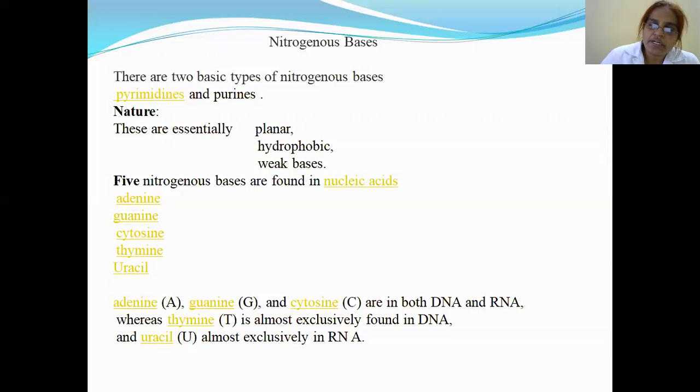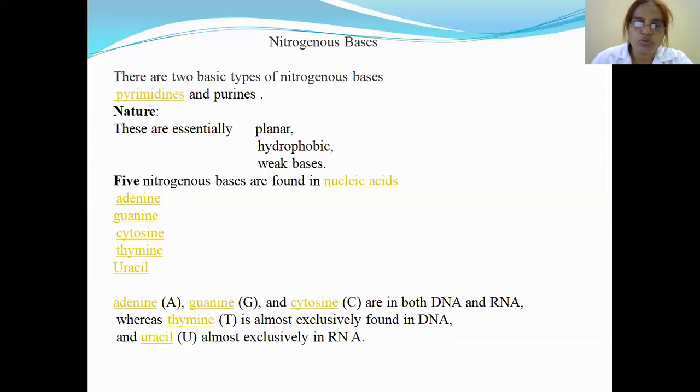Now see, the RNA also contains 2 purines and 2 pyrimidines. Adenine and guanine are the 2 purines, and cytosine and uracil are present in the RNA. So the RNA also contains 4 bases. If you observe both DNA and RNA, they contain the same 2 purines and one same pyrimidine.